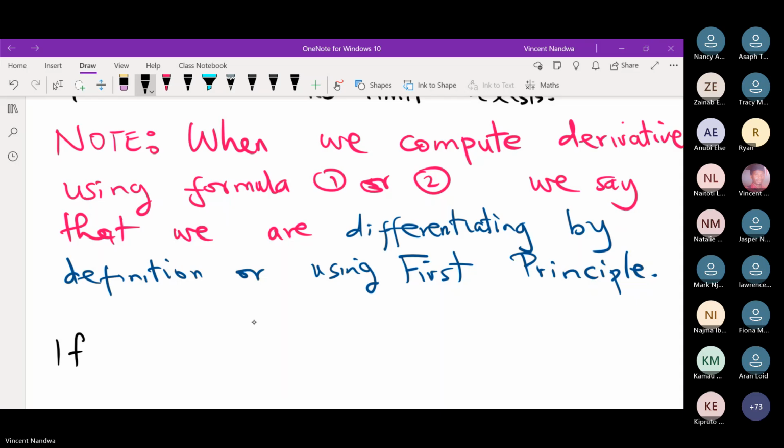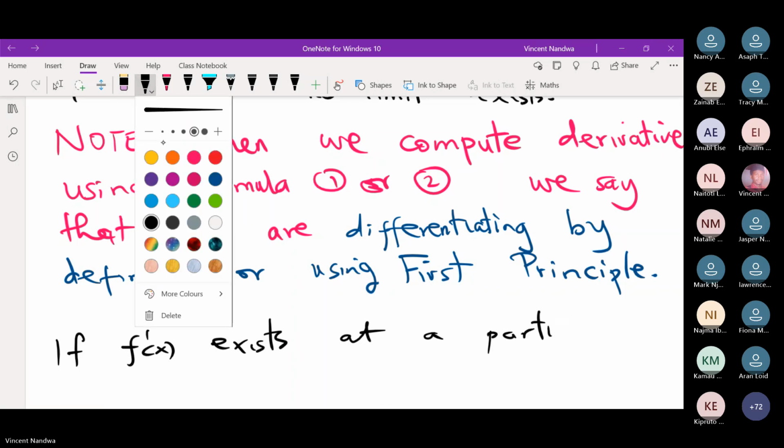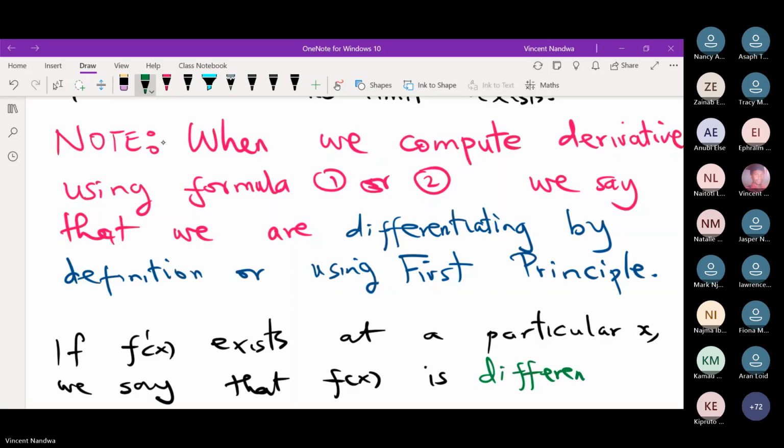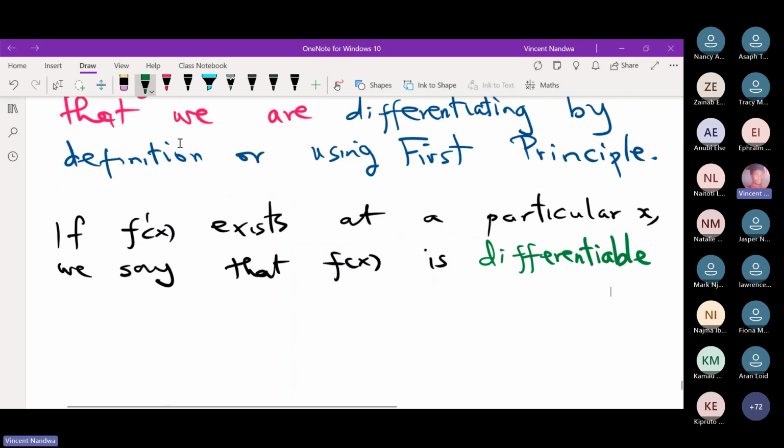So if f prime of x exists at a particular x, we say that f of x is differentiable, or in simple terms, has a derivative at x.